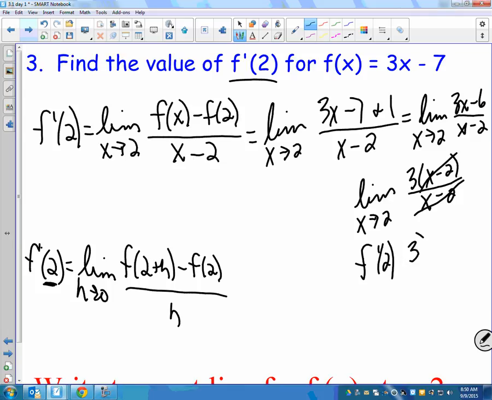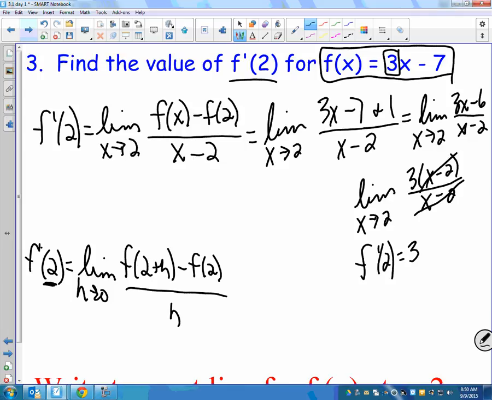What do you notice about this problem? It's a linear line. What's the slope of that linear line? The slope is 3. On a linear line, is the derivative, no matter where you pick, going to be 3? Right? So pay attention to that.